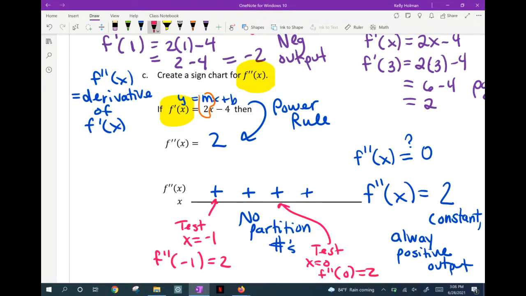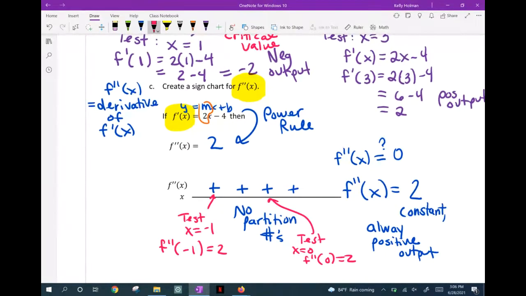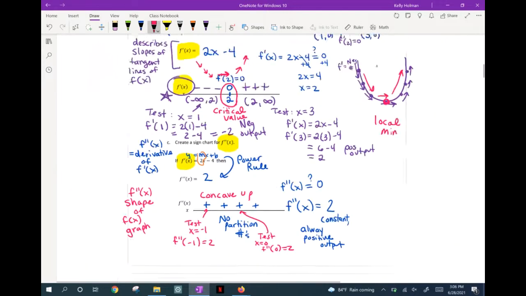What we're going to see next class is that this tells us the shape of the graph. The second derivative is going to tell us the shape of the graph. In this case, the shape is what we call concave up. What shape is our graph here?